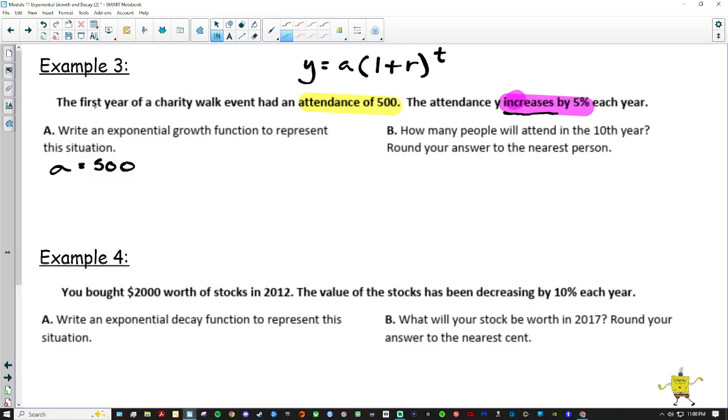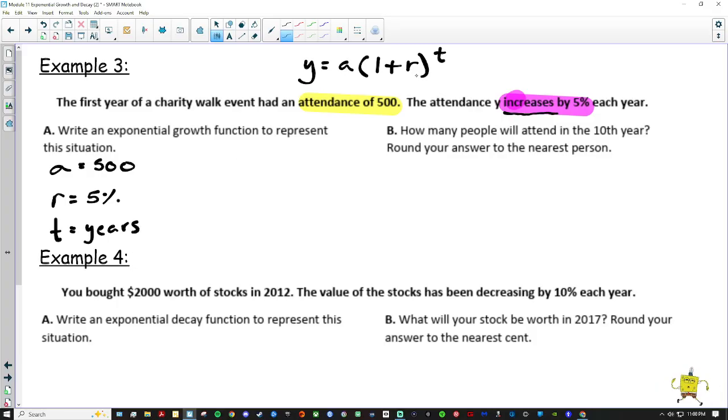We started in our first year with an attendance of 500. Now I need my rate. My rate is my percentage. Okay, we're increasing by 5% each year. Okay, and t is going to be our time. It's going to be our years.